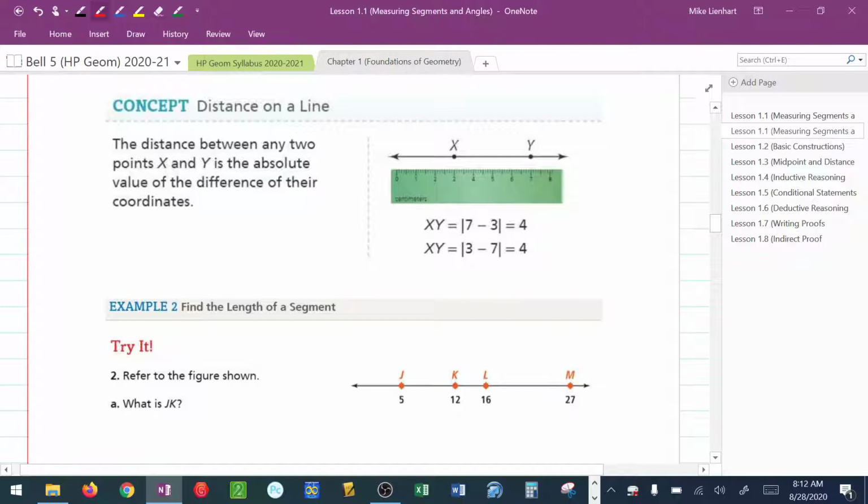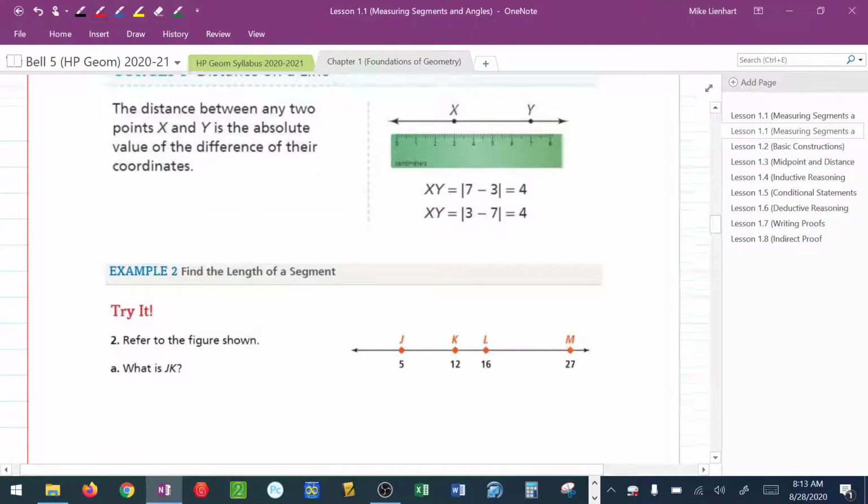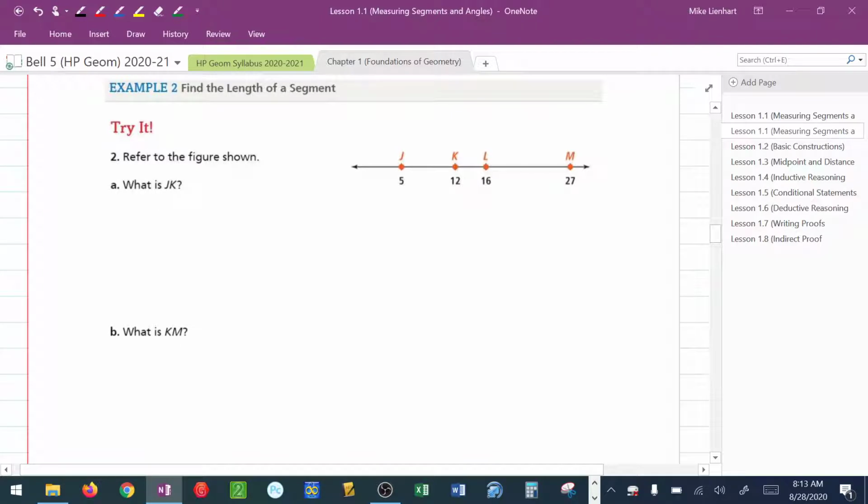So if they want me to find the length of XY, notice how I've got X is at 3, Y is at 7. I can either go absolute value of 3 minus 7, which would give me absolute value of -4, or 4. Or I could go absolute value of 7 minus 3, which is 4. Absolute value of 4 is still 4. All right? So using this absolute value can sometimes make things a little bit easier.